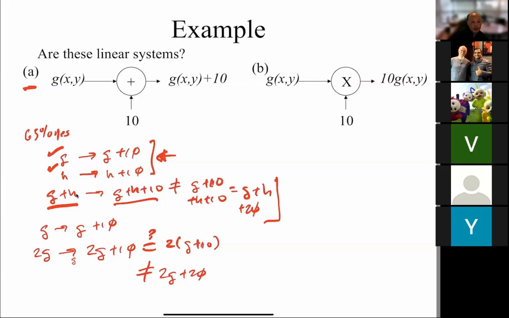Okay. All right. So if there's no questions on that, let's go to the next question, which is B. Is this a linear system?